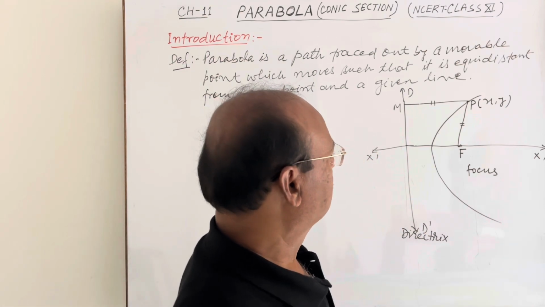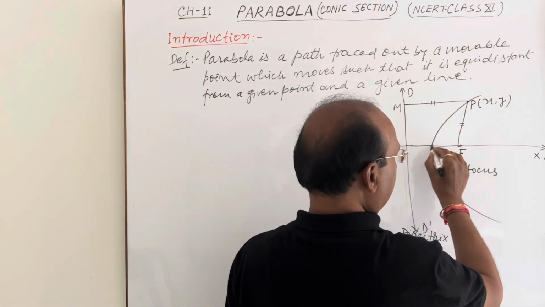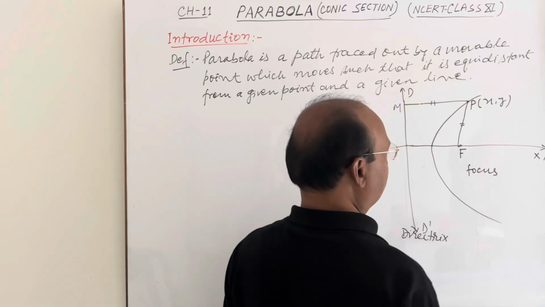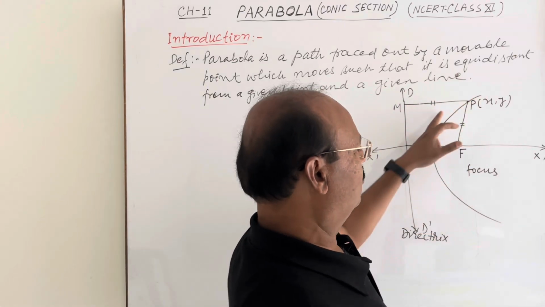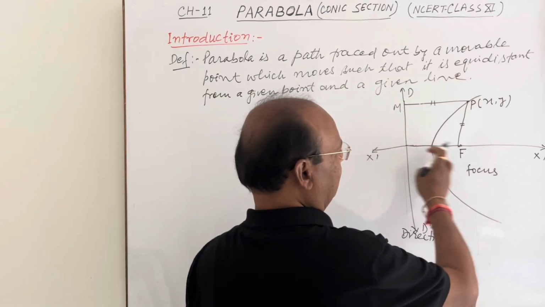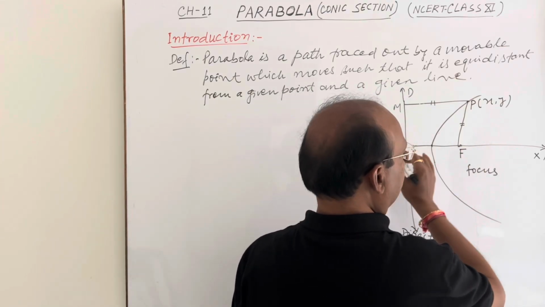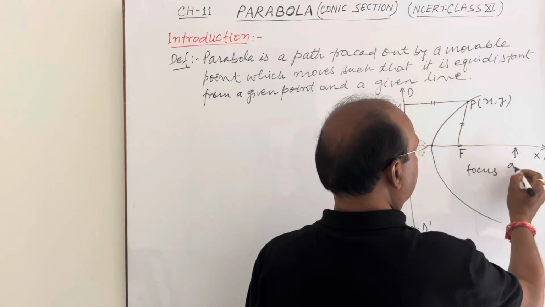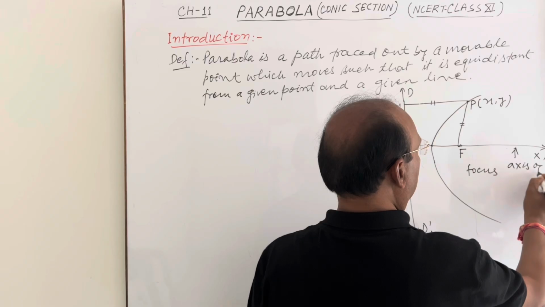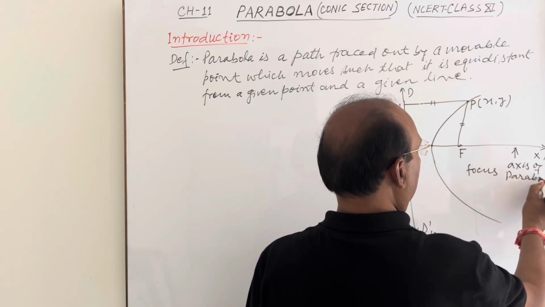Correct? So here this point, which is the point of intersection of the locus of the movable point with the x-axis, is called the vertex. This x-axis is called the axis of the parabola.